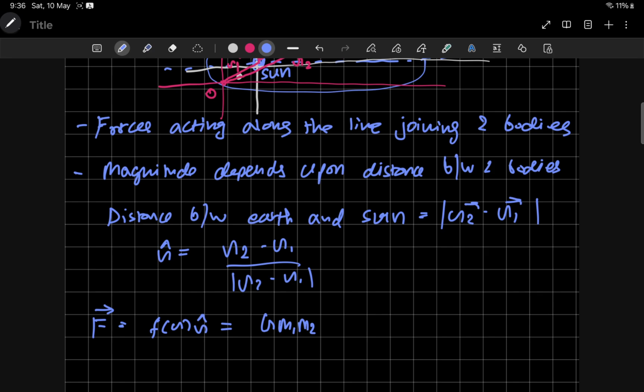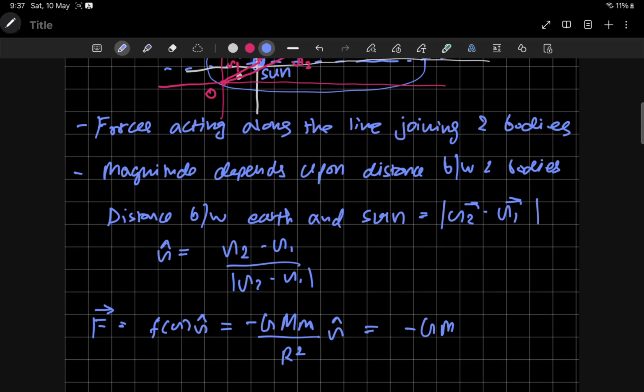So this will be, and I'm putting a minus sign because it is an attractive force, and m1 and m2 are the masses of Sun and Earth, but usually the mass of Earth is very small, so the mass of Sun only takes over, but for simplicity, it depends on both the masses, right?